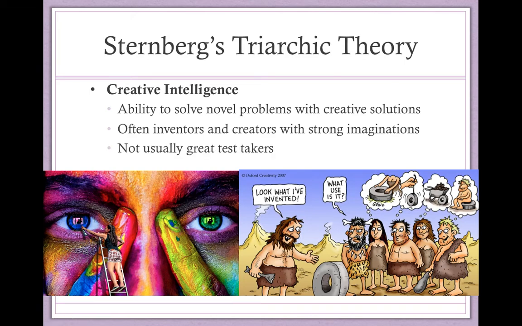Unfortunately, though, these creative intelligence people are not usually great test takers. Because usually questions on a test have one direct answer, and it is a logical answer. There is a pattern to it, there are rules set in place for how the test is done.